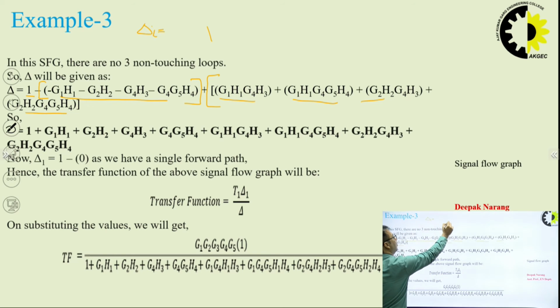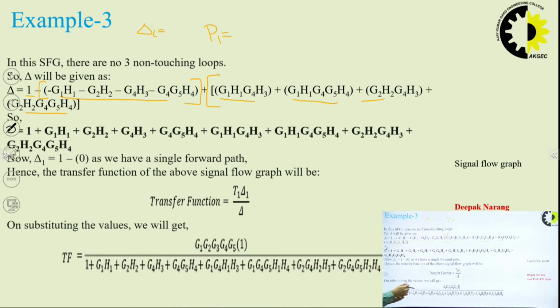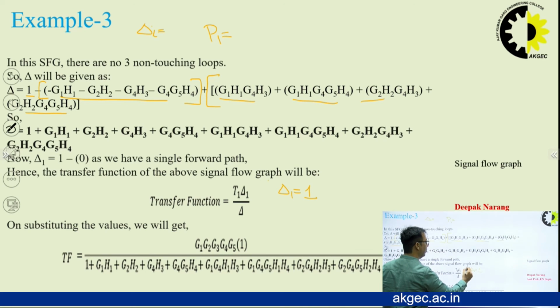We have one forward path P1 equal to G1, G2, G3, G4, G5. This forward path is in touch with all the loops. There is no combination where the forward path is non-touching with a loop, so delta 1 becomes equal to 1.